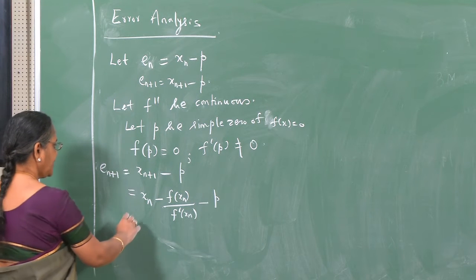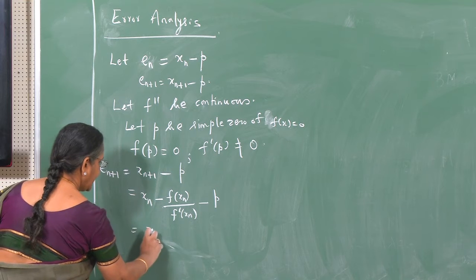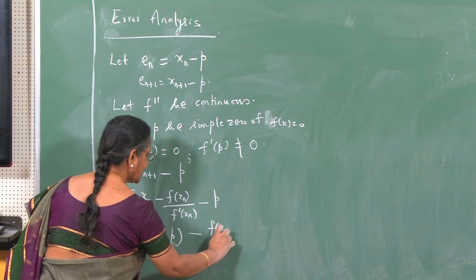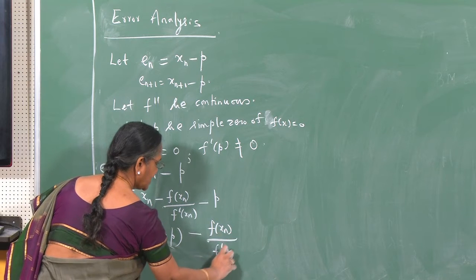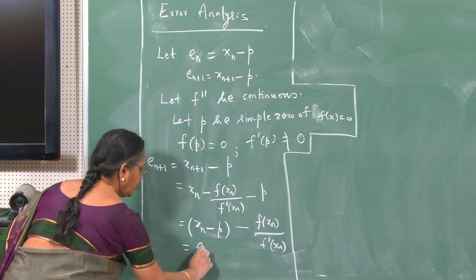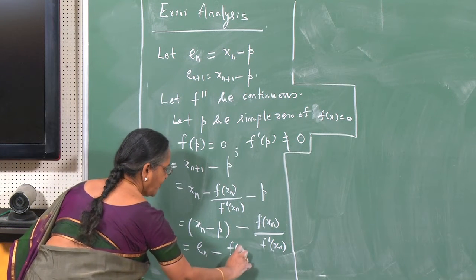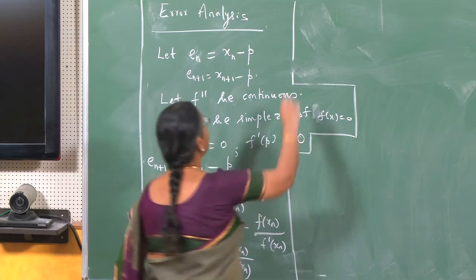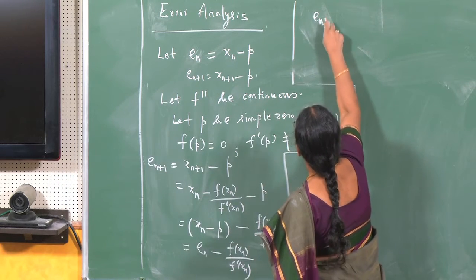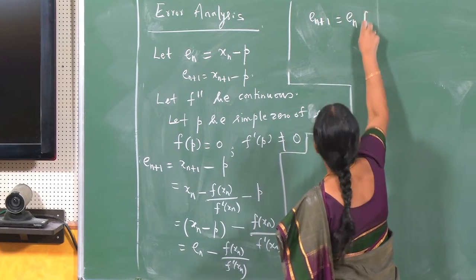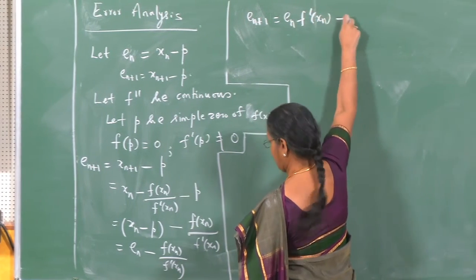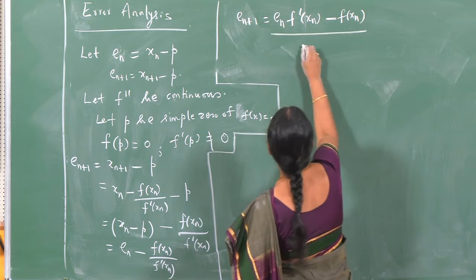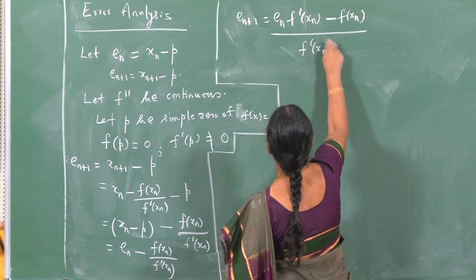And therefore, we have xn minus p minus f of xn divided by f dashed of xn. This is equal to En minus f of xn by f dashed of xn, which gives En plus 1 equal to En into f dashed of xn minus f of xn divided by f dashed of xn.